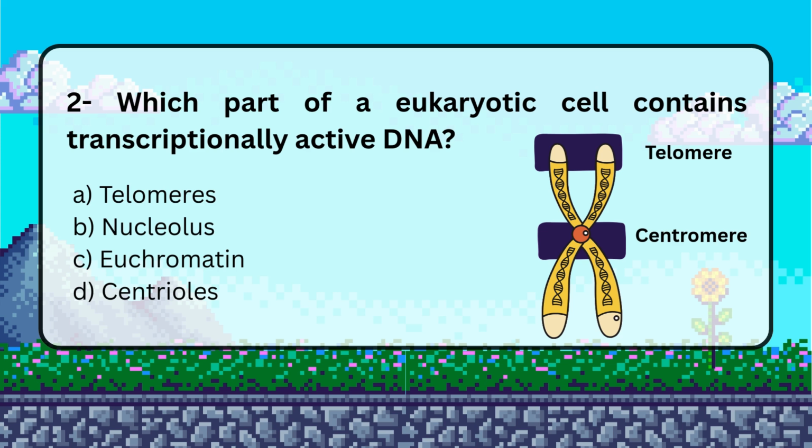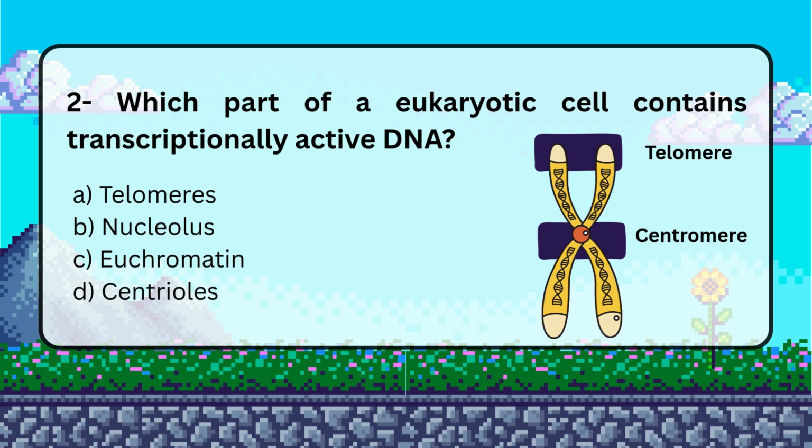Now the options are given as the telomeres, nucleolus, euchromatin, and centrioles. So no, telomeres do not contain transcriptionally active DNA. Nucleolus also doesn't contain transcriptionally active DNA. Euchromatin, so yes, it's going to make sense.